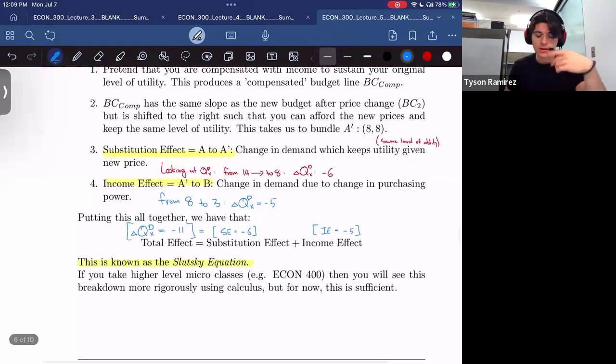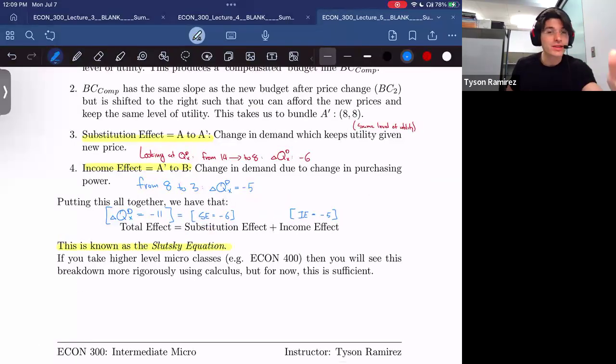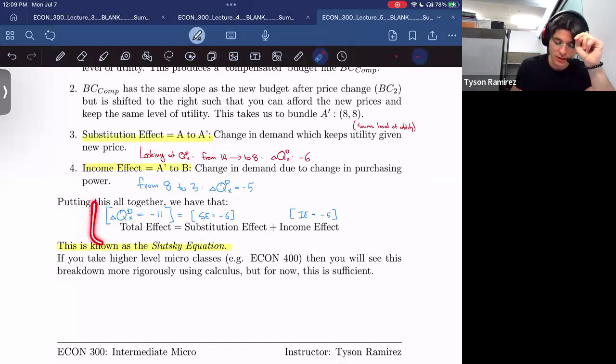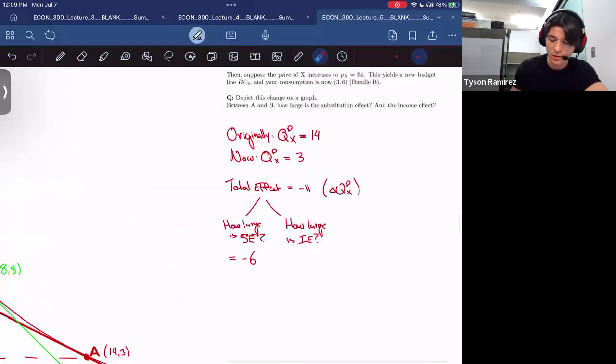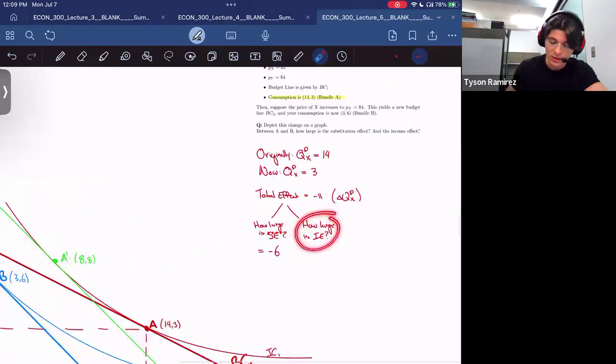If you do take higher level econ classes, specifically higher level micro theory classes, you'll see the Slutsky equation with more mathematics, more calculus, and a little bit more analysis. But for now, this is enough. All I want you to understand at this point is that we have a total change in demand and it has two components, the substitution effect and the income effect.